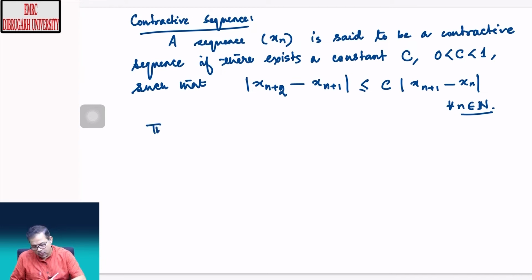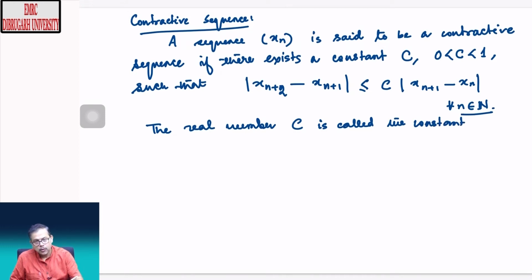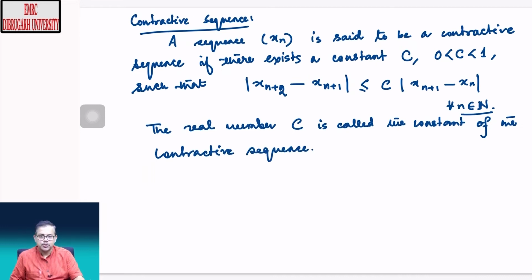The real number C is called a constant of the contractive sequence. The following is an interesting theorem.